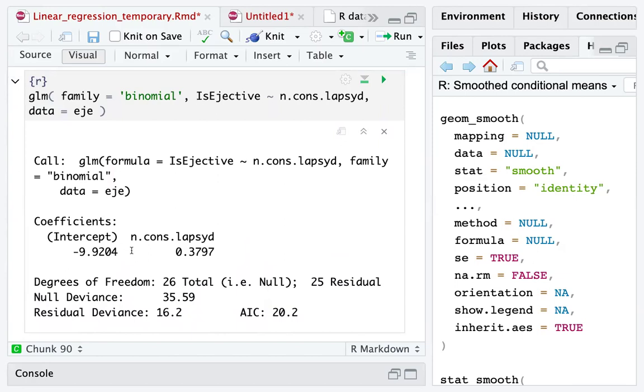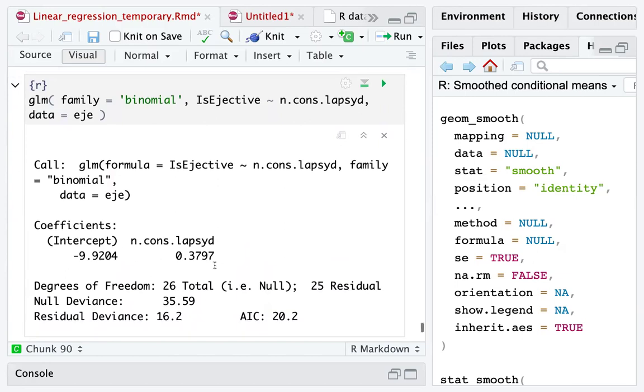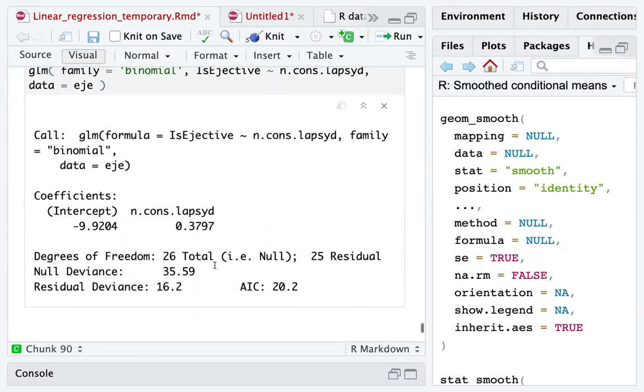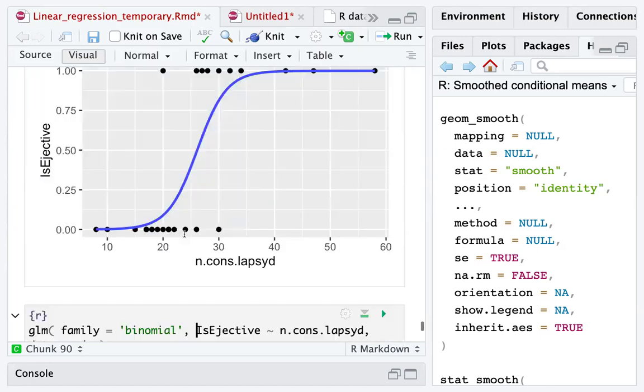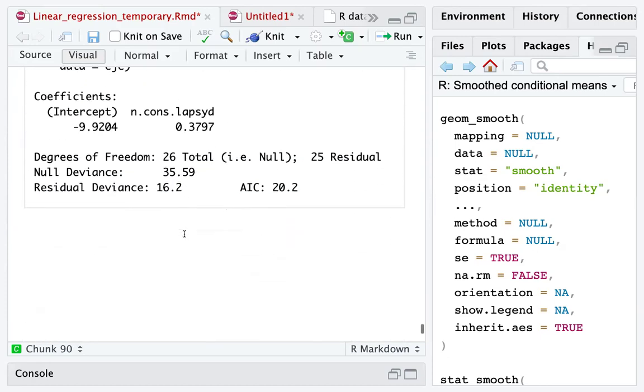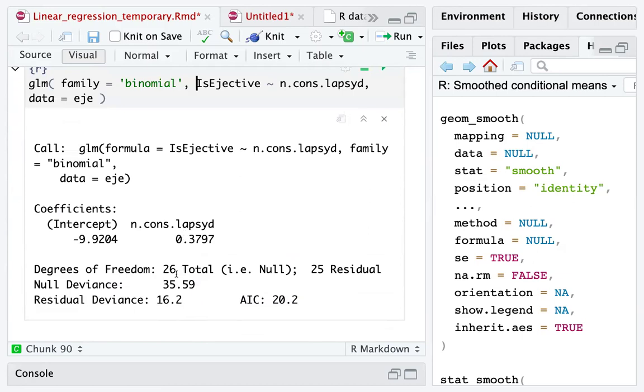These are the beta 0 and the beta 1. There are 26 degrees of freedom because there should be, I guess, 28 languages in this dataset. Let me, I know, 27. And 25 residuals.